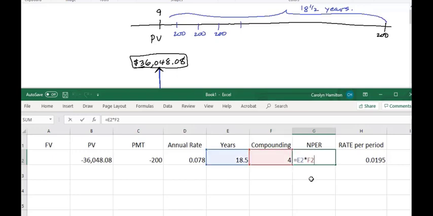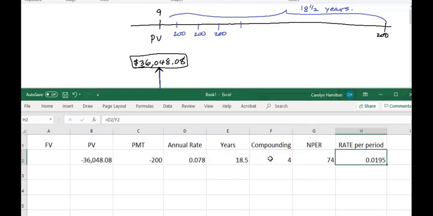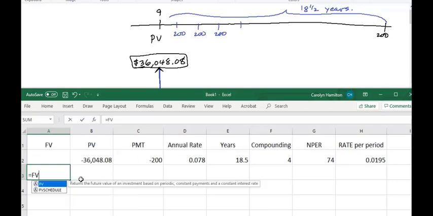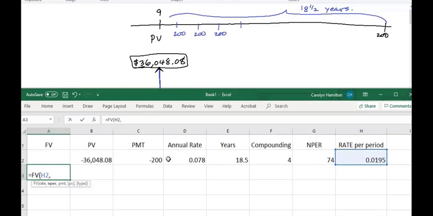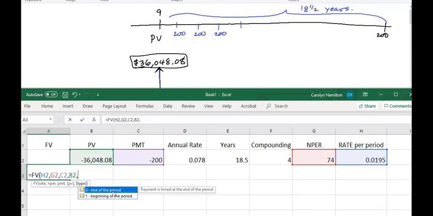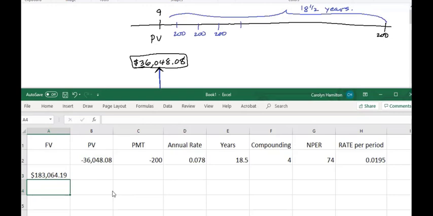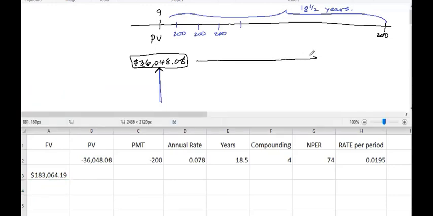My number of payments should have updated. 18 and a half years of 4 payments per year gives me 74 payments, and the rate per period remains at 1.95%. My new future value: rate, number of periods, payment, present value, and make sure they have the same sign, type. It comes to $183,064.19.